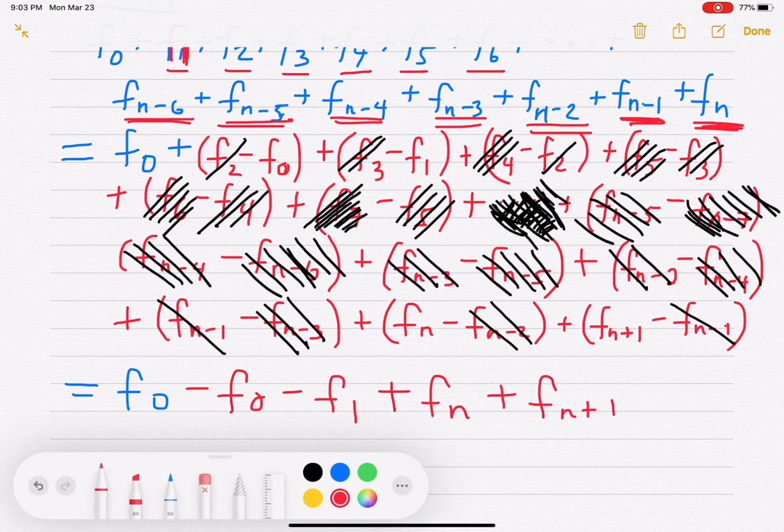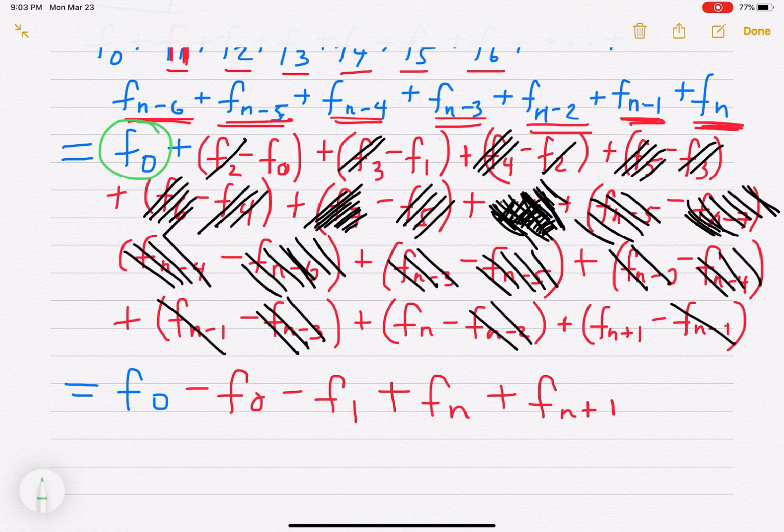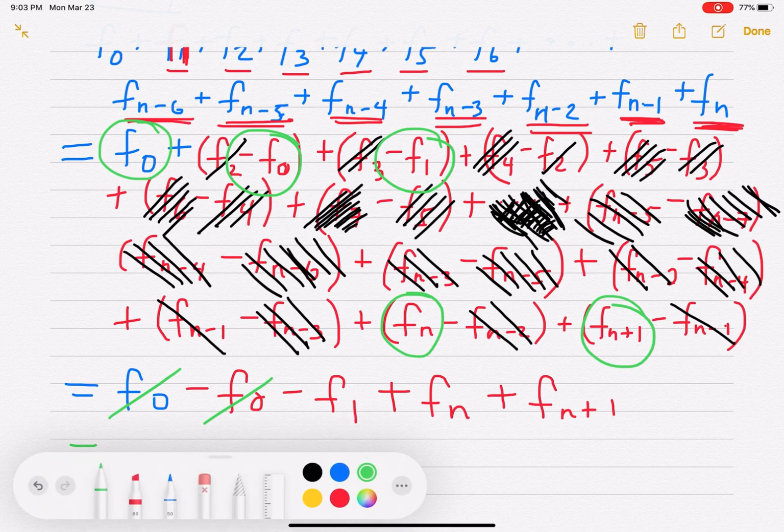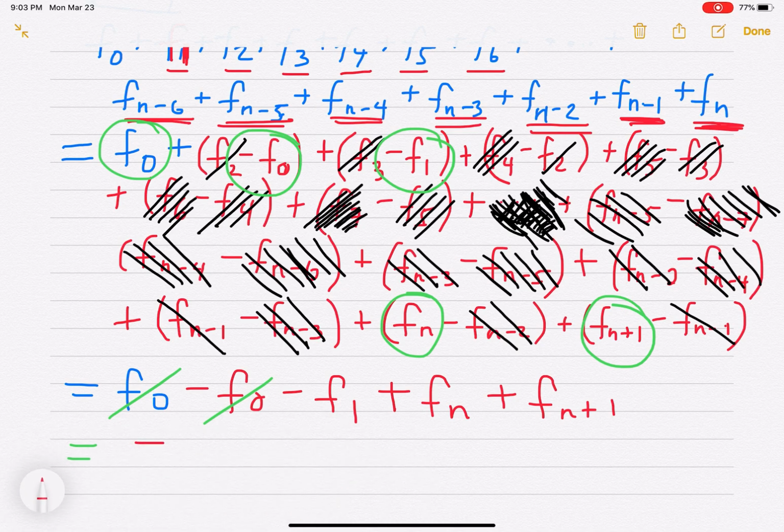So these guys, this one, this one, this one. Now these just cancel. And remember what f sub 1 is. So we have minus f sub 1. F sub 1 is 1, so we got negative 1.